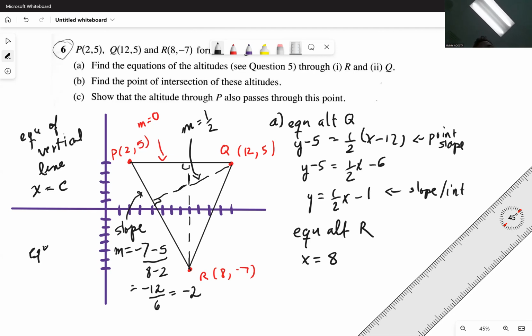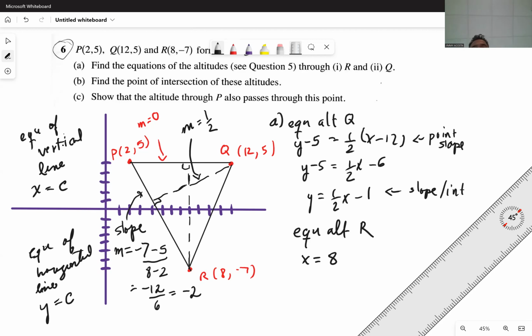Equations of horizontal lines is y equals some constant. The slope of horizontal lines is 0. The slope of vertical lines is undefined.